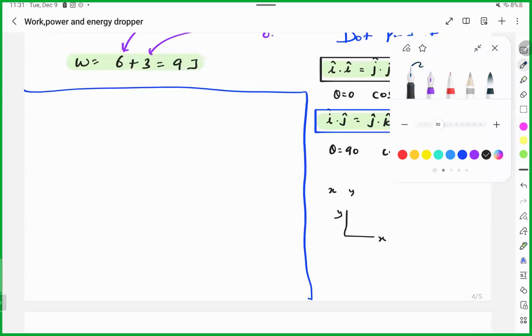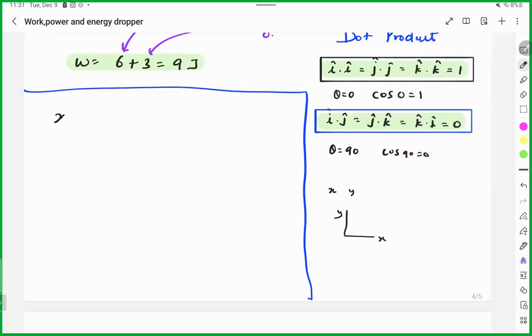Whenever you do integration, you do it in reference to something. For example, you do integration of x only with respect to dx, nothing else.